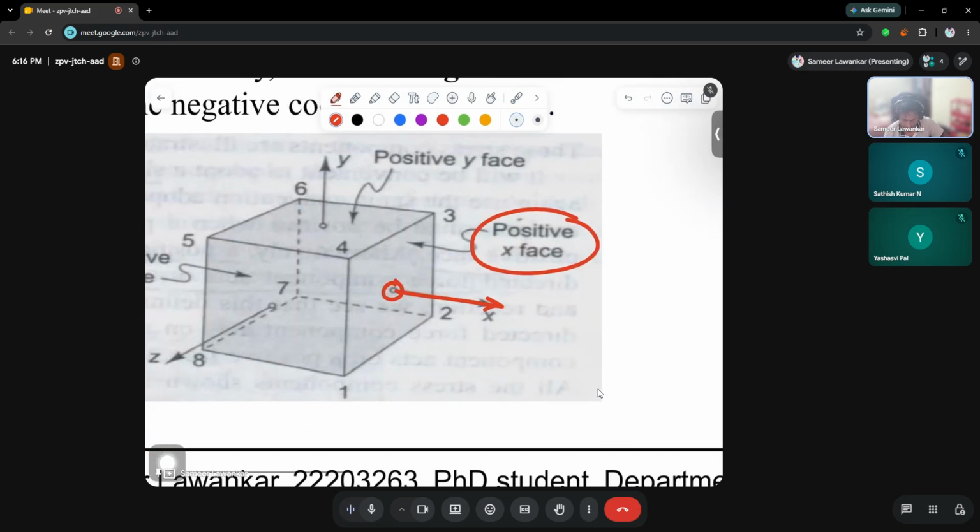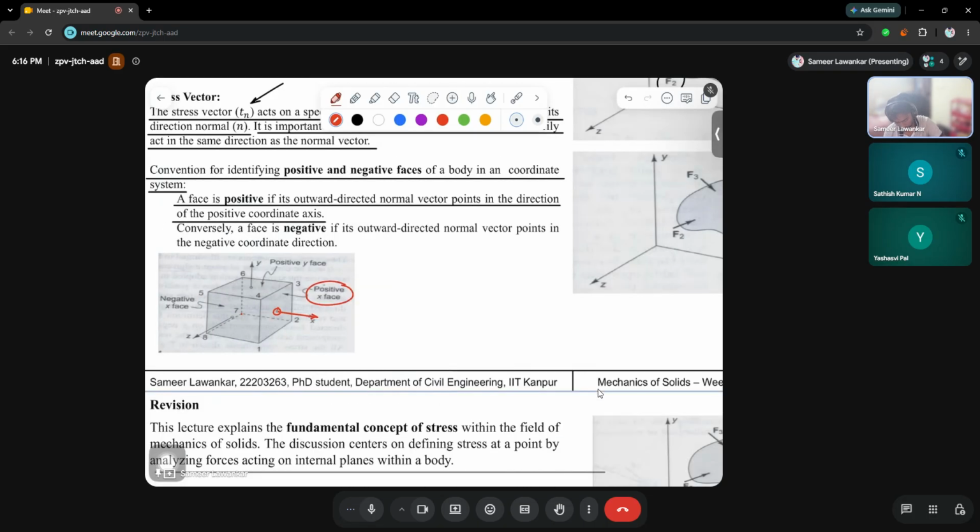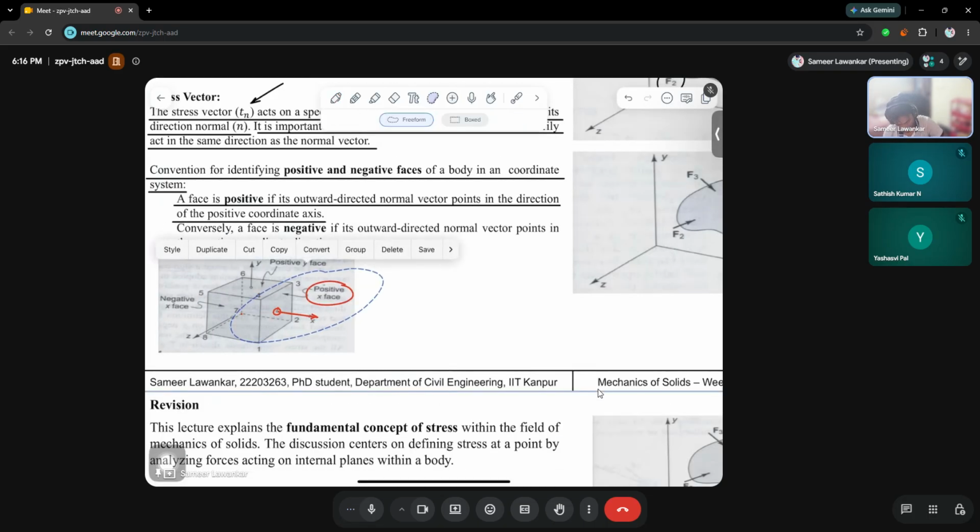Positive face means, let us suppose that this particular body is kept with one of its corners at the origin, then the face which is far apart is called a positive face. The faces which are at the origin are called negative faces.